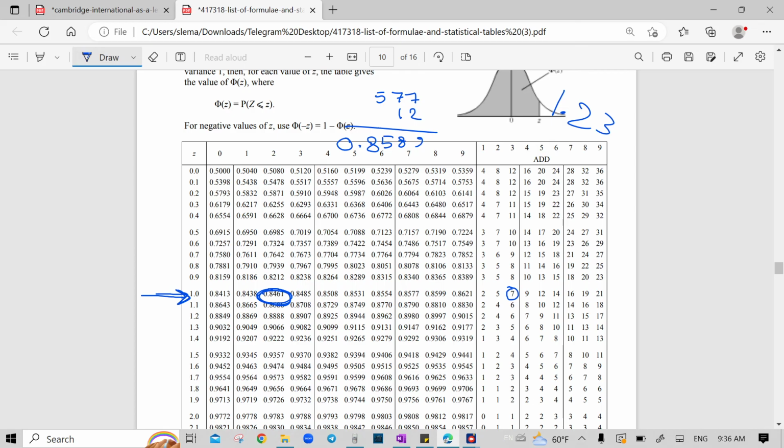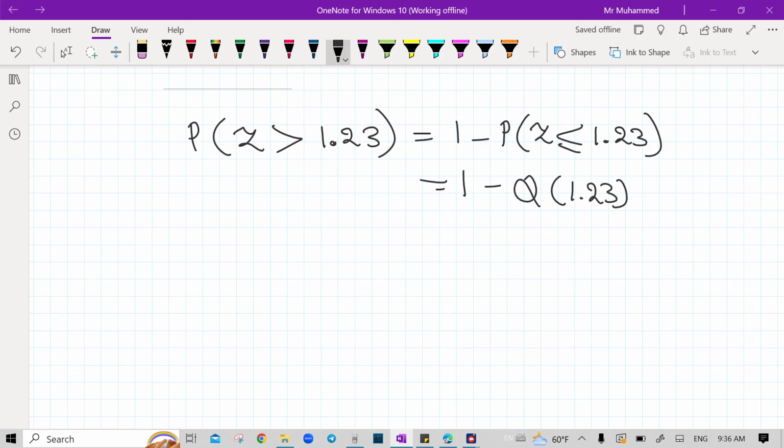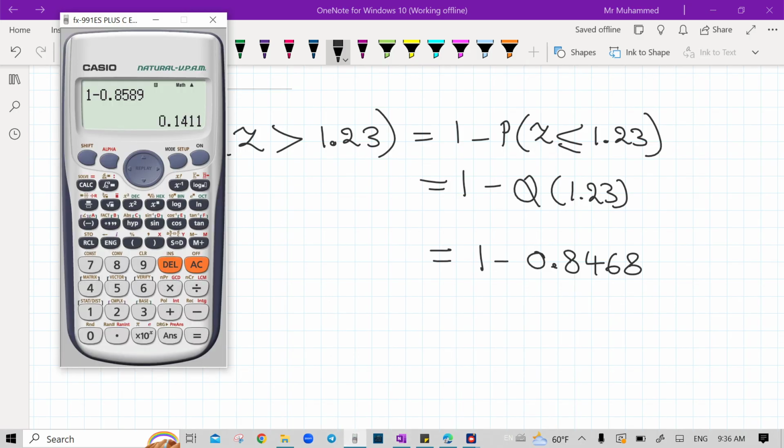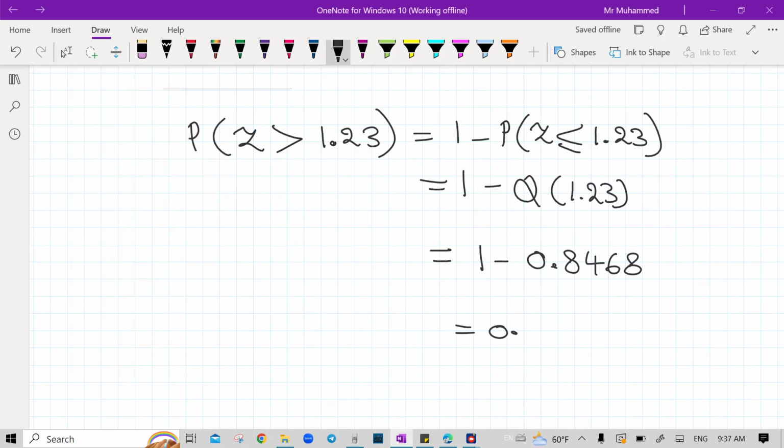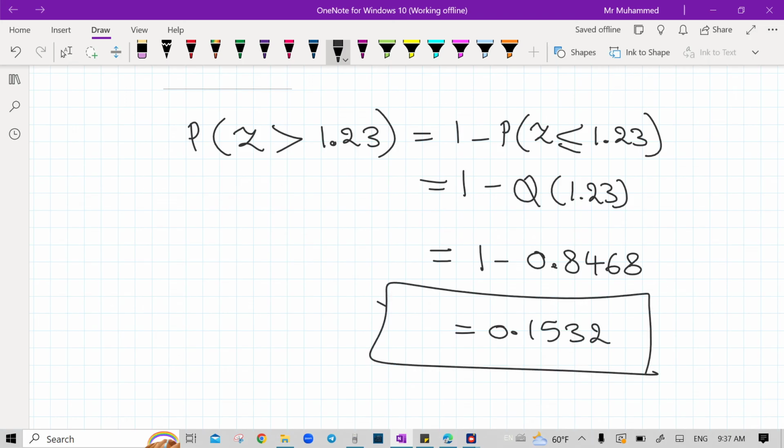Then the answer is 0.8468. This is 1 minus 0.8468. Now do the subtraction. 1 minus 0.8468 is equal to 0.1532. This 0.1532 is the answer of this probability.